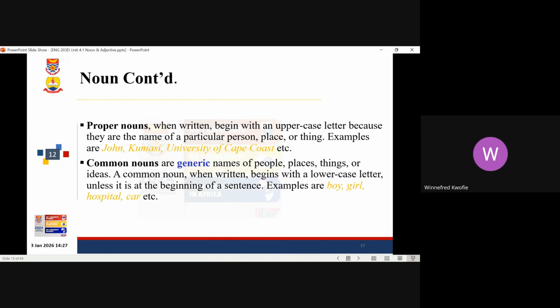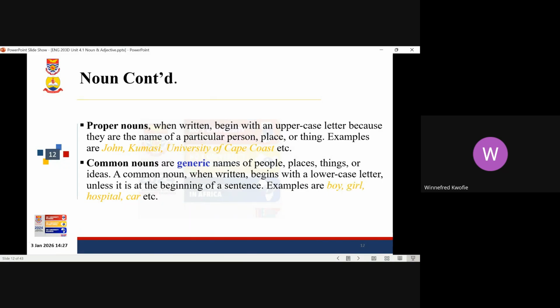Let's look at proper nouns. I'm moving a bit fast in this area, unless you have any question you want me to answer. And so when you talk of proper nouns, what are they? So we know proper nouns begin with uppercase, or in other words, capital letter, and they name a specific place.